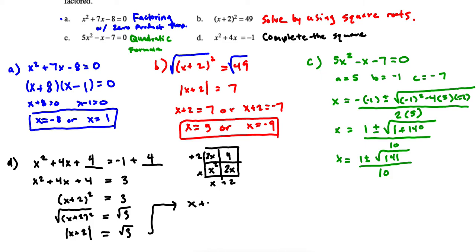So x plus 2 should equal positive or negative radical 3. So x equals -2 plus or minus radical 3. There's your answer for that one. Again, it doesn't ask you to do all of those. The only one that you should actually do is this one. But in case you tried them, these are your answers.